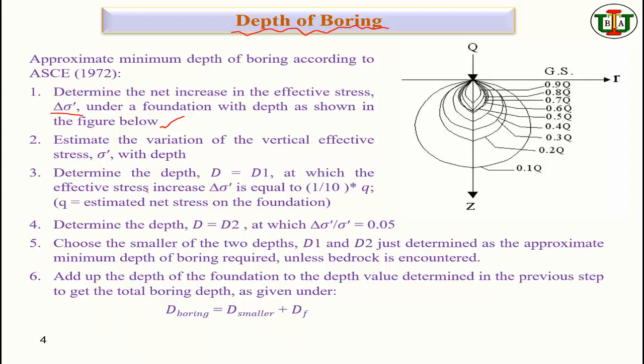After that we can go for depth identification, that is, which depth we are going to use. First we consider D1, at which the effective stress increase is equal to 10%, or 1 by 10, of Q. Is that clear? So what is Q? Q is the applied load.